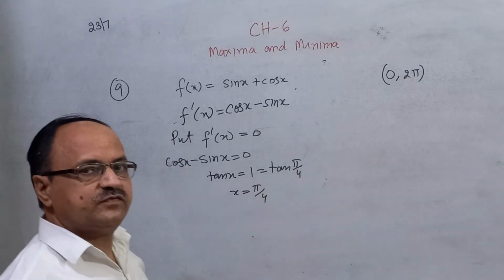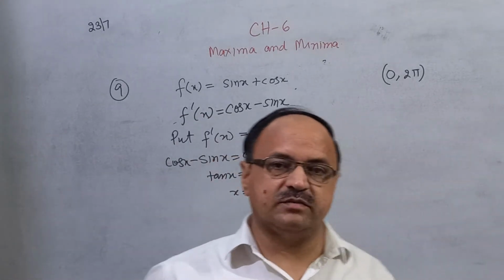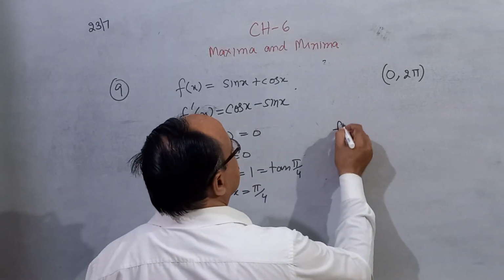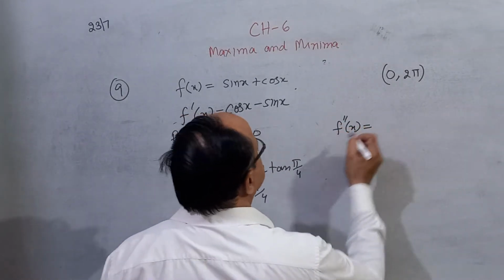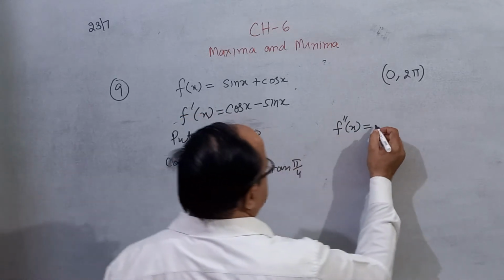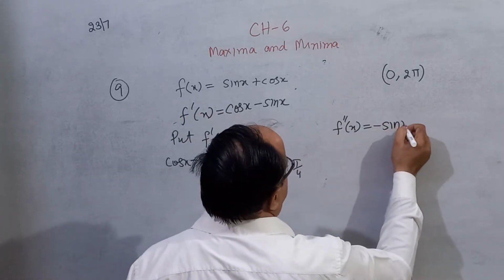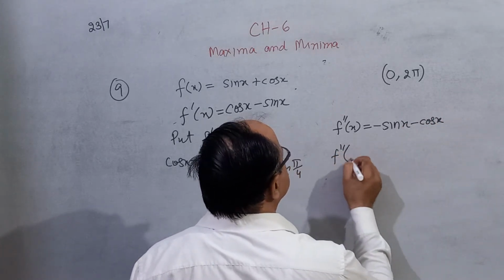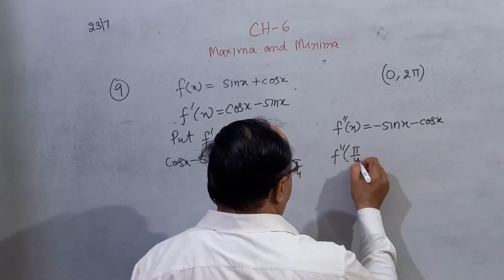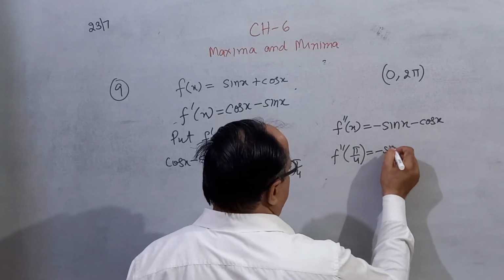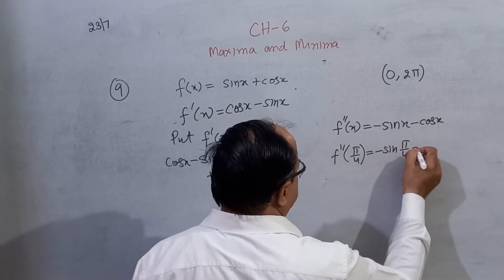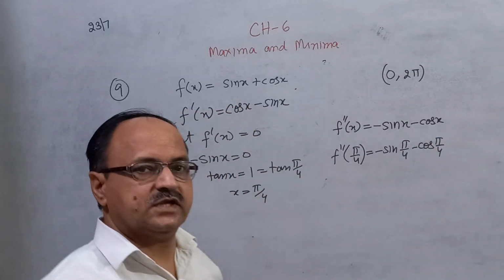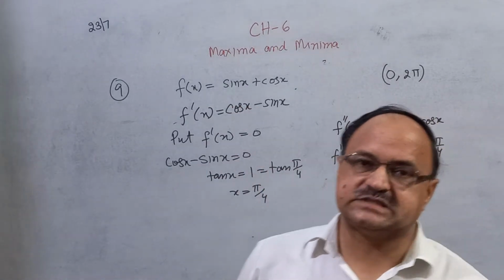At x is equal to pi by 4, we have to check the maxima or minima. Find its second order derivative. The derivative of cos x minus sin x is minus sin x minus cos x. Put the value of x as pi by 4.